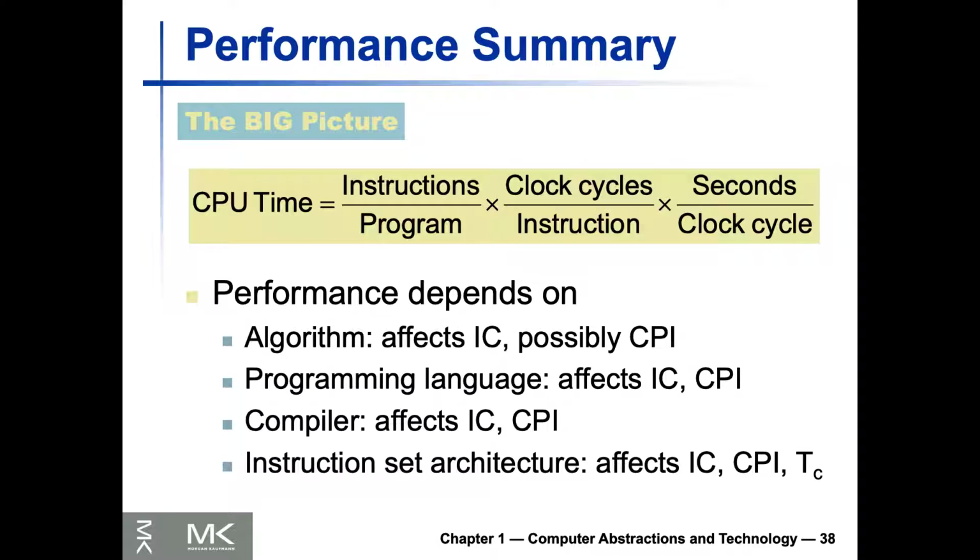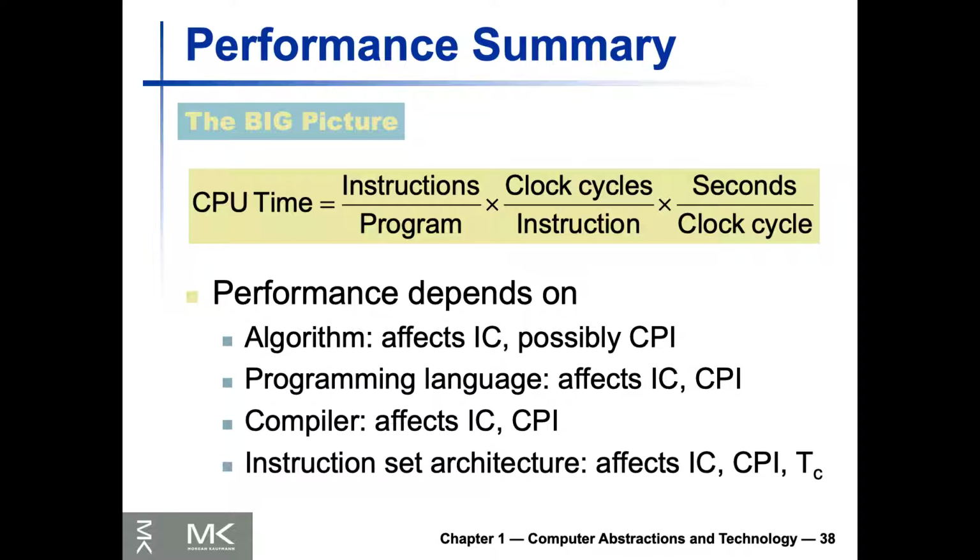Okay, so now we talked about the big picture of CPU time. So let's see how much power is going to be consumed when we are targeting certain performance, right? Because power is an important issue recently. If you're a savvy computer scientist or an engineer, you know that we are in a second power wall sort of era.